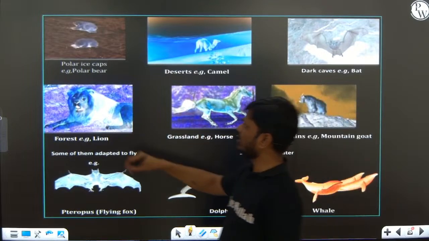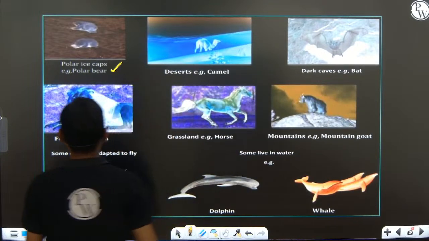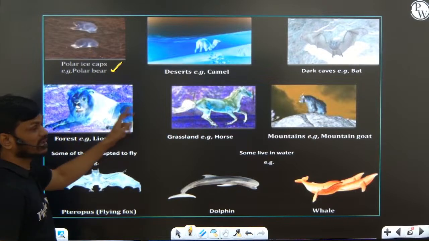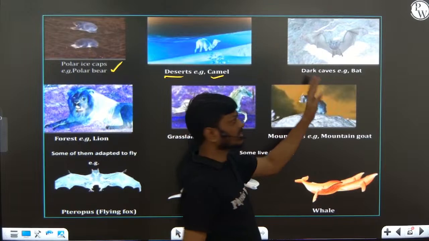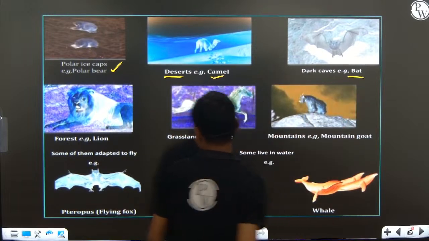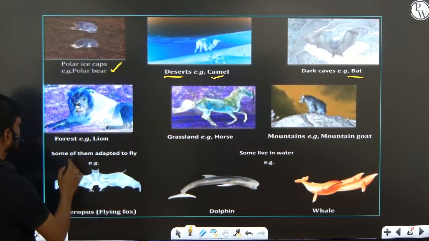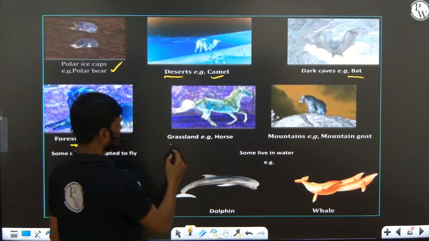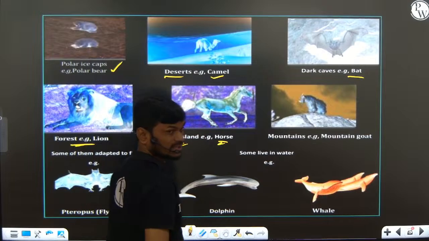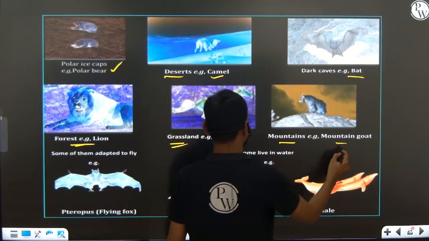They are present in varieties of habitats. They can be present in polar ice caps, example polar bear. In desert, example camel. In dark caves, example bat. In forest, example lion. In grassland, example deer and ox. In mountains, mountain goat.